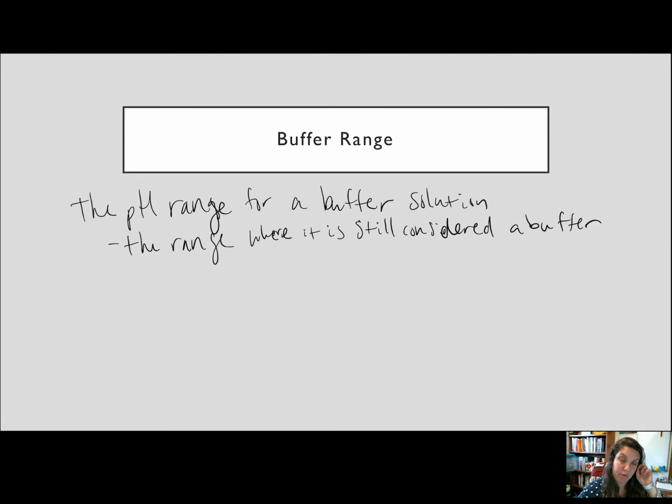Our pH range, or buffer range, is going to be plus or minus 1 from the pKa. Anything above or below that, we do not have the correct ratio of acid to base to be considered a buffer.